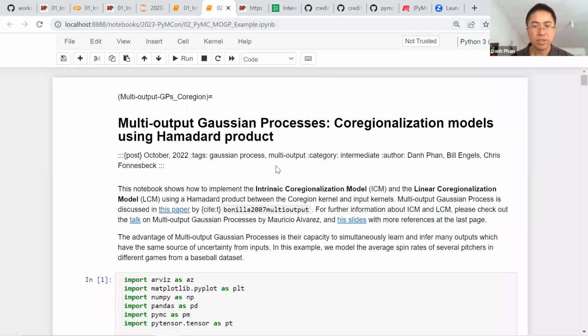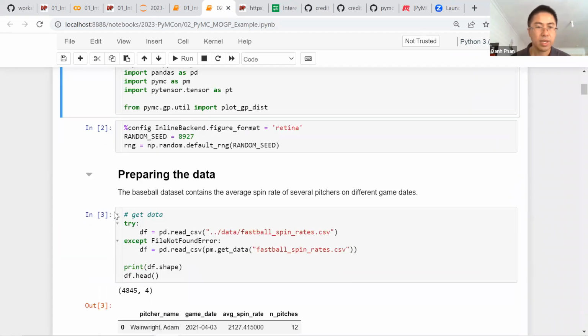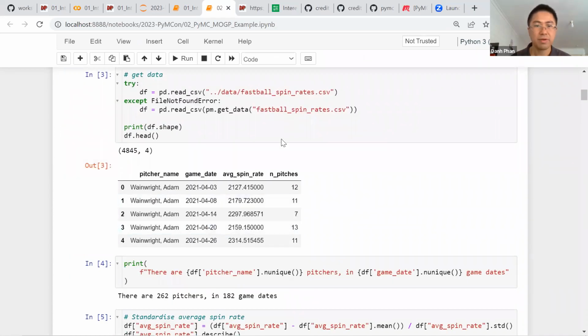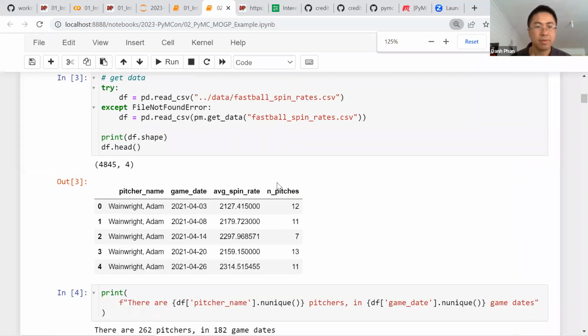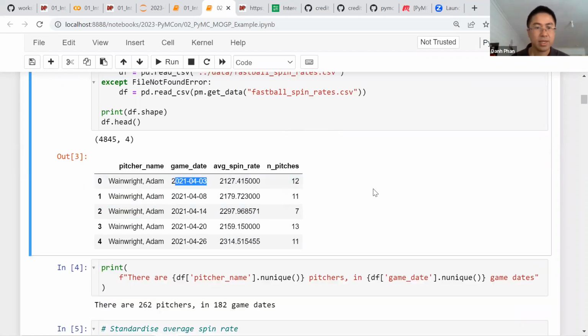I open this one. This is a project I worked on under the mentorship of Bill and Chris, for last year's Google Summer of Code. We have a data set here called the fastball spin rate, which is actually the average spin rate of different players in different games or on different dates.